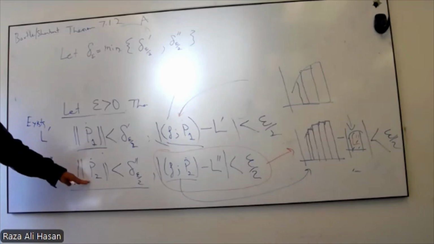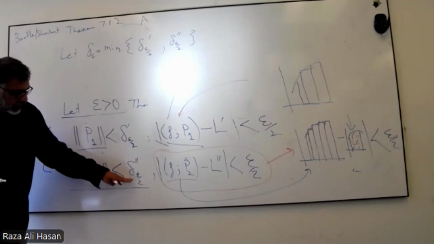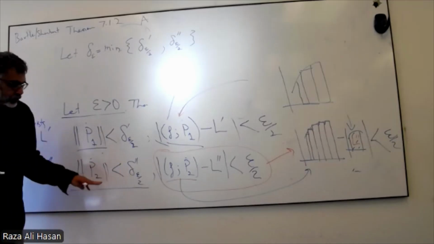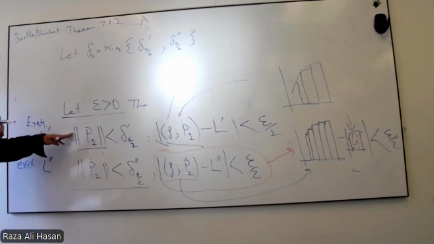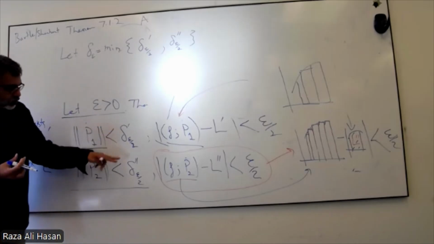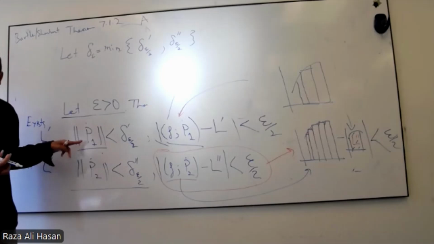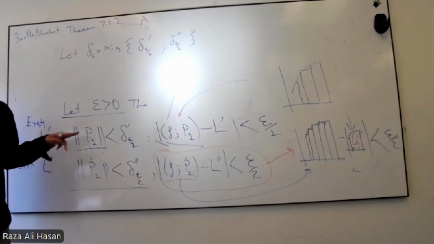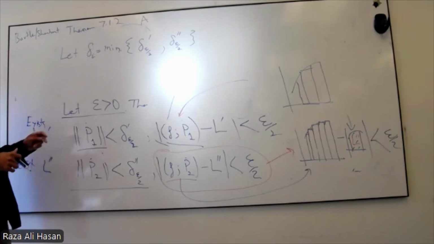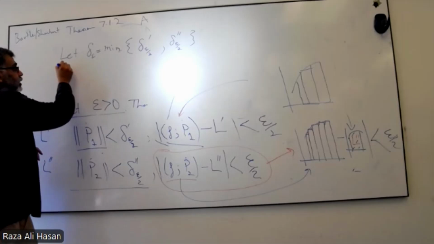This width is so small, we can make our delta smaller, and this will still be true. This width is much bigger. If our delta was the same as this size, this would not be true anymore. Yes? Okay, therefore, we get this.